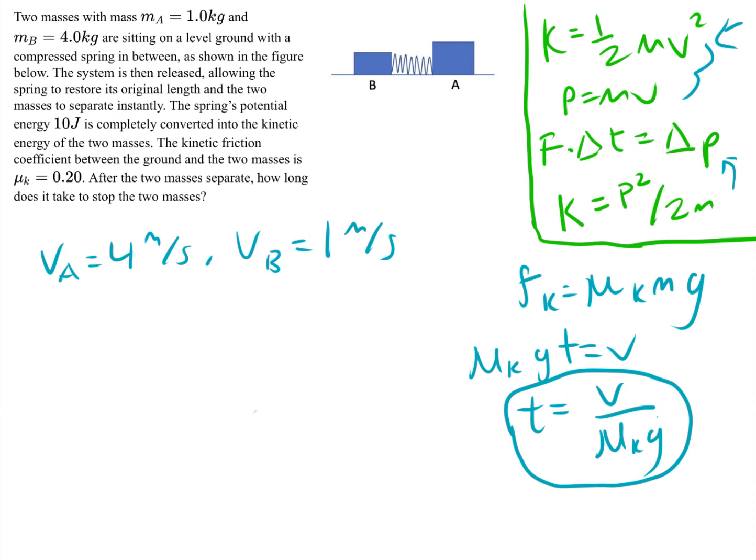So if we erase that, and then we plug in, the time for A is equal to its initial velocity divided by the coefficient of kinetic friction of 0.2 times the acceleration due to gravity. And then this will get you about 2 seconds. So the time it takes for A to stop is about 2 seconds.